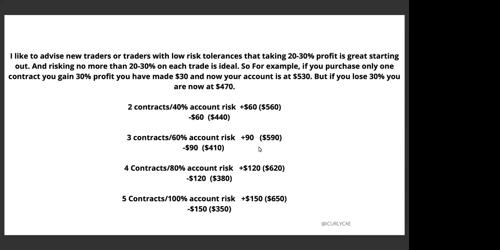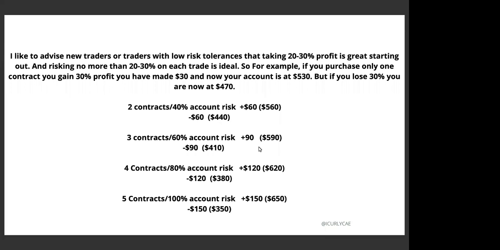Risking no more than 20 to 30% on each trade is ideal. So for example, if you purchase only one contract, you gain 30% profit, you've now made $30. And if you have an account that's $500, you have essentially turned your account into $530. But if you lose 30%, you're now at $470.